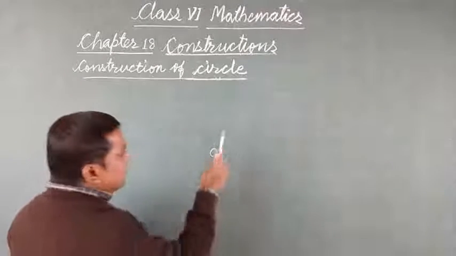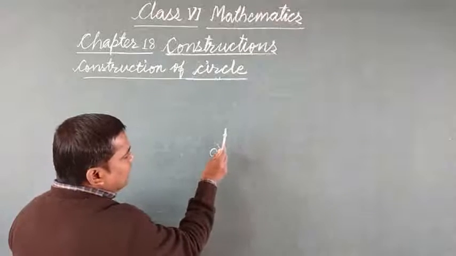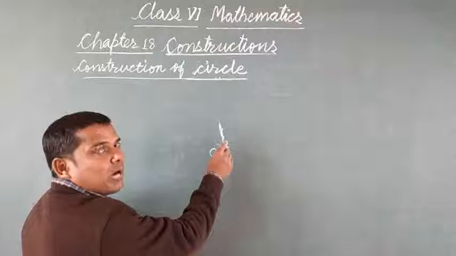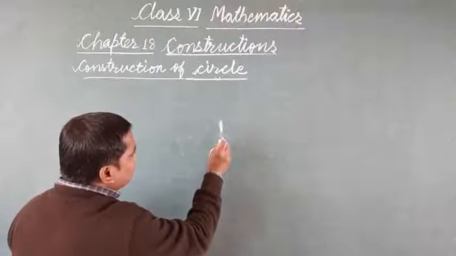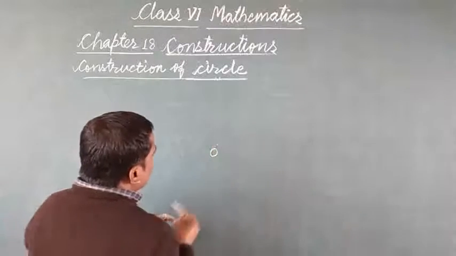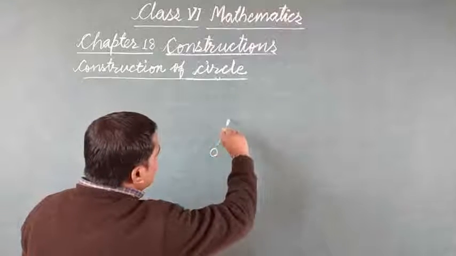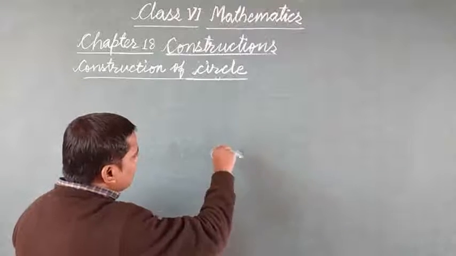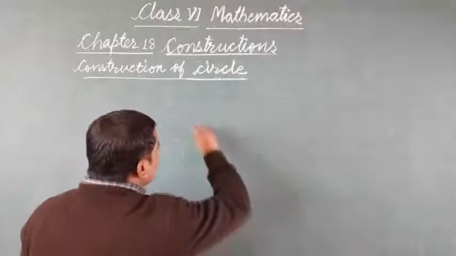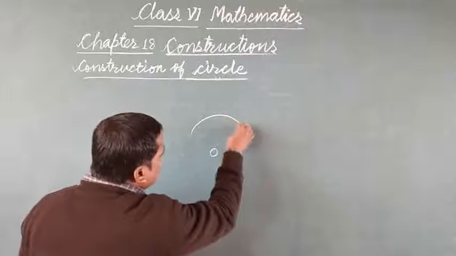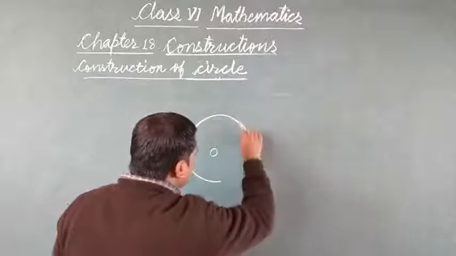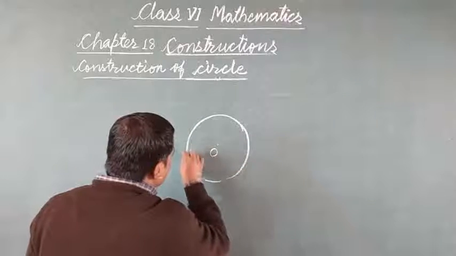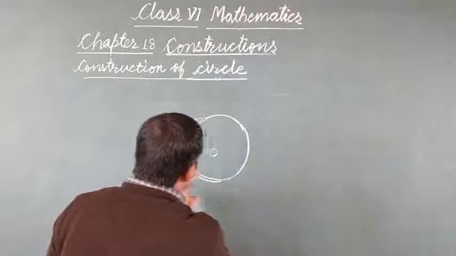You will keep the mechanic end of the compass at the point which you have marked on the notebook, and you will rotate this one complete rotation. Once you rotate it, which will give you the path of the circle, you have constructed the circle with the given radius.